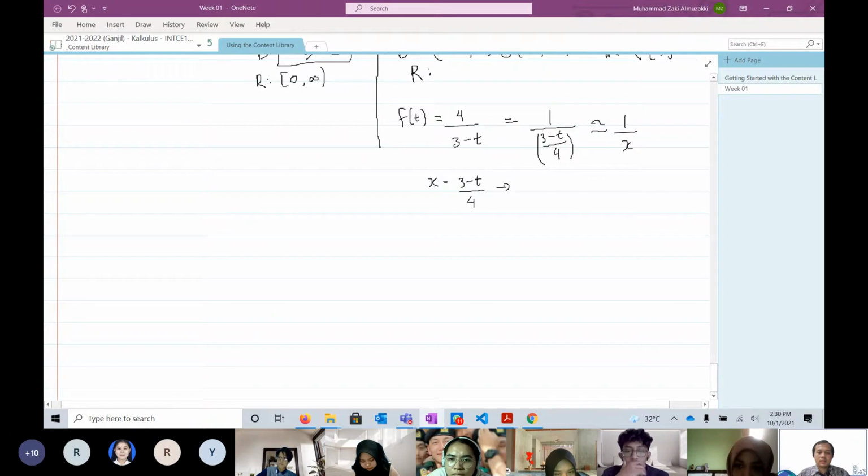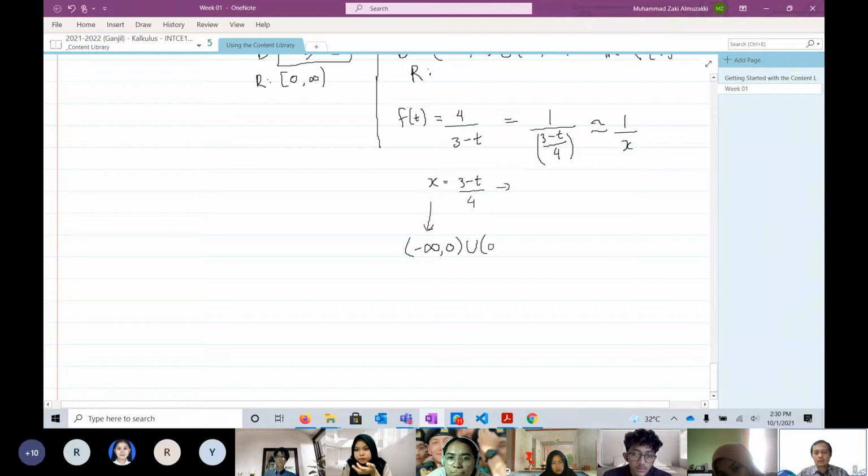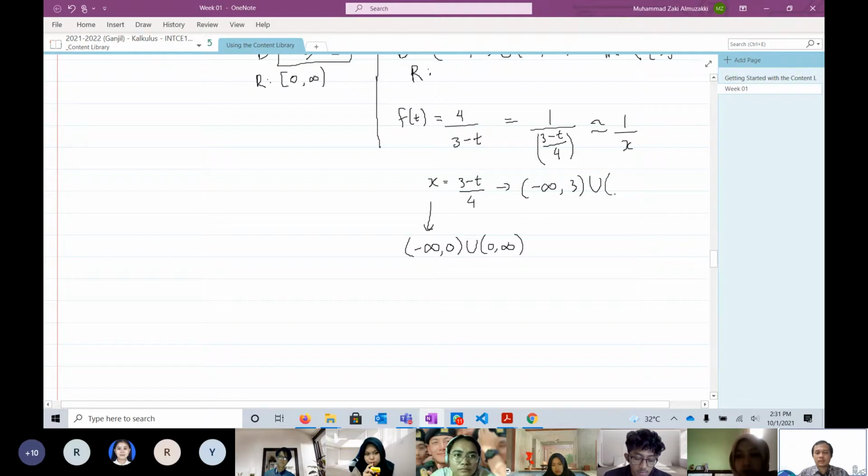So in this case, when the domain of x is everything but 0, okay, when the domain of t is everything but 3, we have that x is everything but 0, as long as t is not equal to 3.